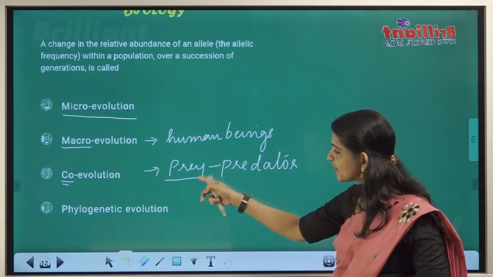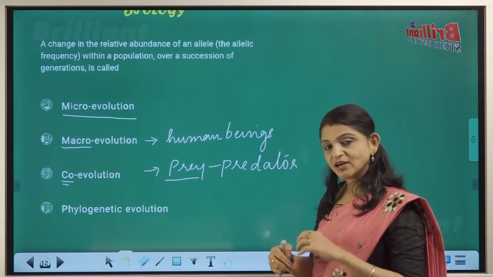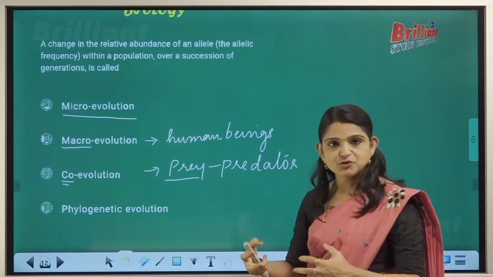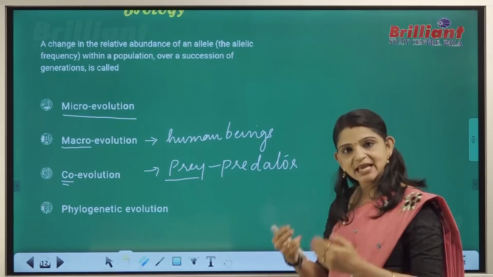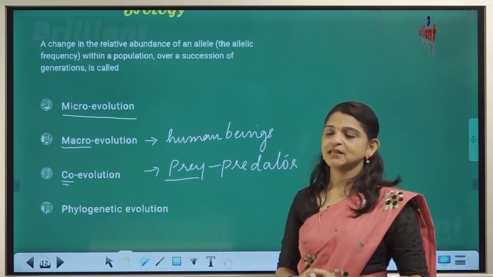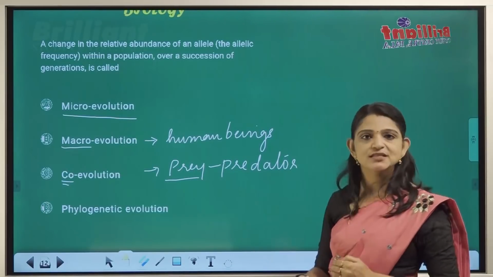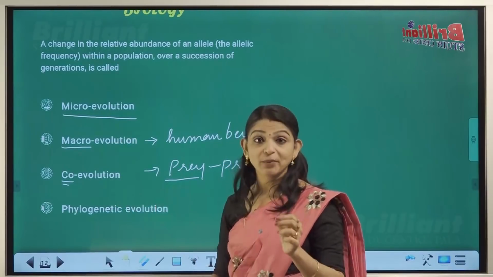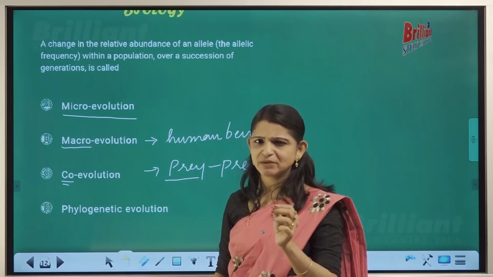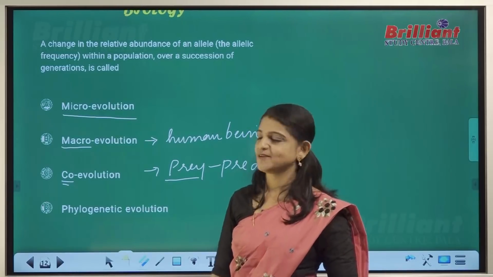So one organism is evolving to avoid capture, and another organism is evolving to catch. This type of evolution is called co-evolution. Prey and predator evolution is the best example of co-evolution.